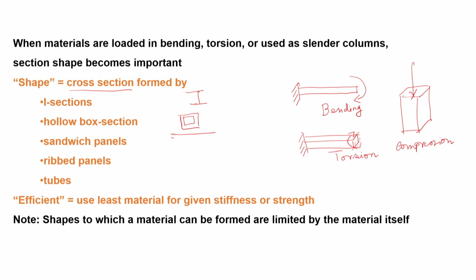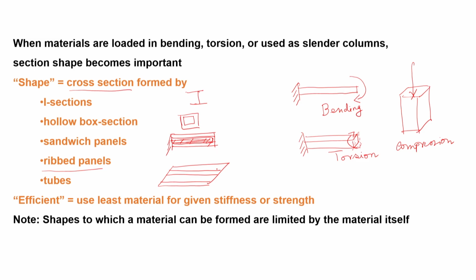That means there will be three different members together, and the panel inside is actually sandwiched. This is the part which is sandwiched inside two face plates. Then there can be ribbed panels which will look something like this, that basically it will be a panel, but it will have in between such ribs.